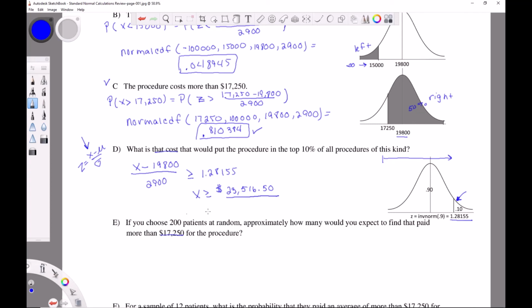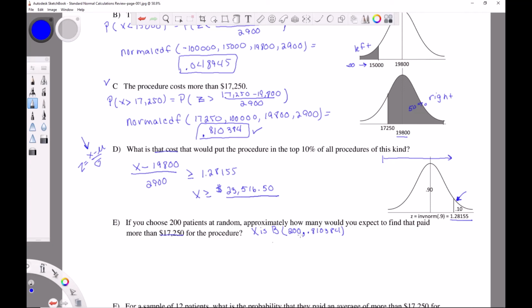So let's just say here that x is binomial. All right, it's n and p, so it's 200. And p is going to be 0.810384. All right, so now we can just go ahead and figure out how many we would expect.